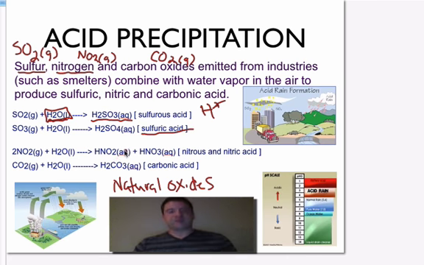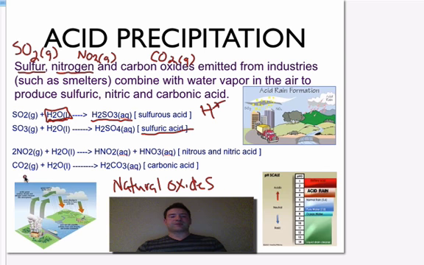And then what we have is nitrous and nitric acid, and that is from nitrogen dioxide, which again is going to combine with H2O, or water vapor in the air, and it's going to form HNO2 plus HNO3, okay, and so we're going to get a more acidic solution.